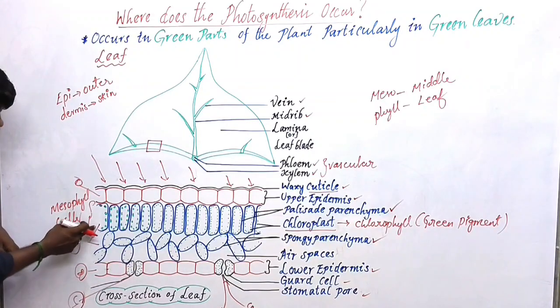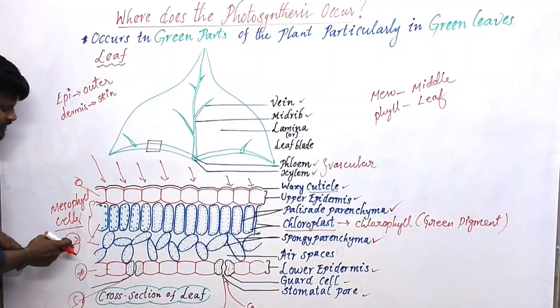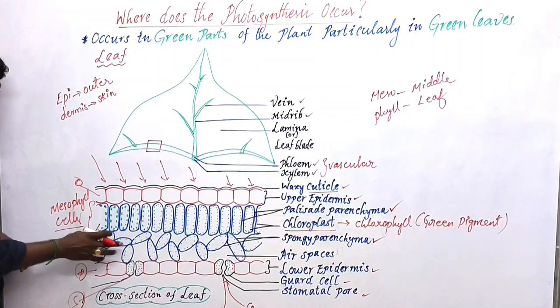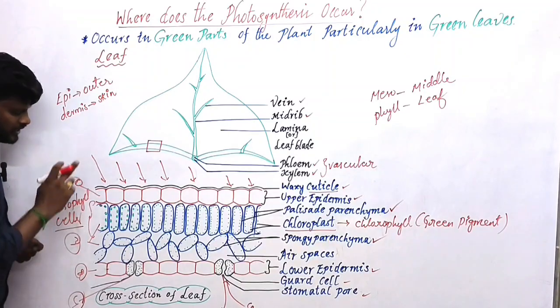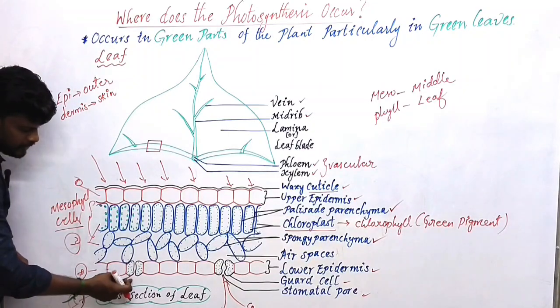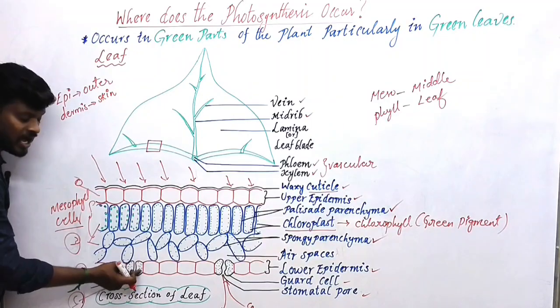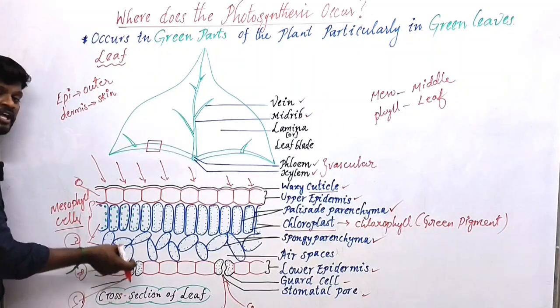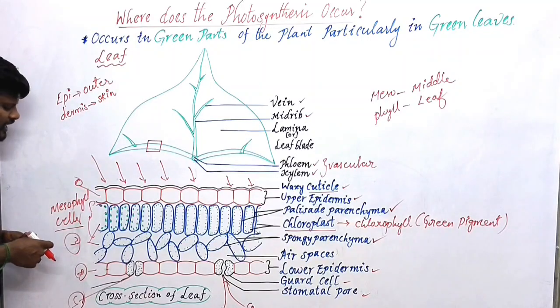And then if you look at the mesophyll cells, both palisade parenchyma and spongy parenchyma, see, they have chloroplast, so they are capable of photosynthesis. So photosynthesis occurs here. If you look at the other labeled part, the guard cells, the guard cells also have chloroplast, so they are capable of photosynthesis, right? So what could be the answer here?